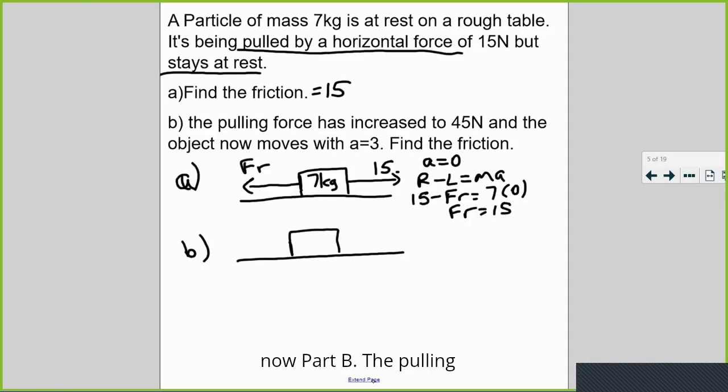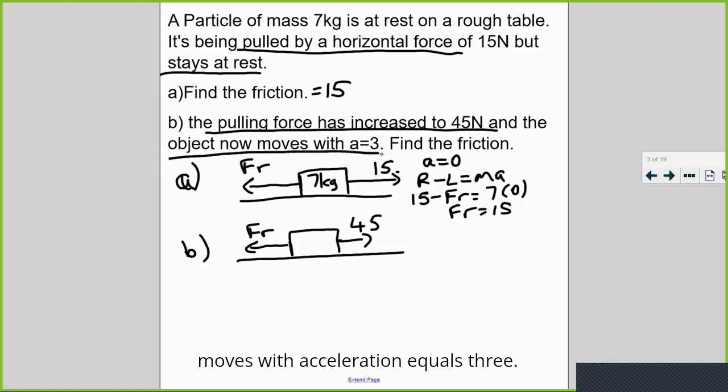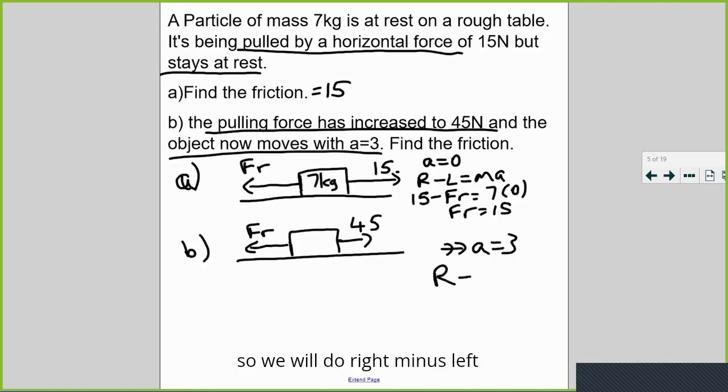Now part B, the pulling force is now 45. So it's being pulled by 45, and friction will be opposite the motion. The object now moves with acceleration equals 3. The object is moving to the right, so we will do right minus left equals ma.